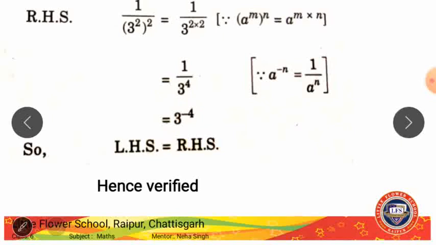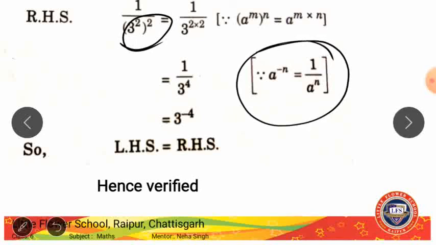Let us see what is RHS. RHS is again 3, 2 into 2. Here product will use 3, 2 into 2, m into n, right? 2 into 2 is 4, and we will apply inverse of negative property, this one, right?